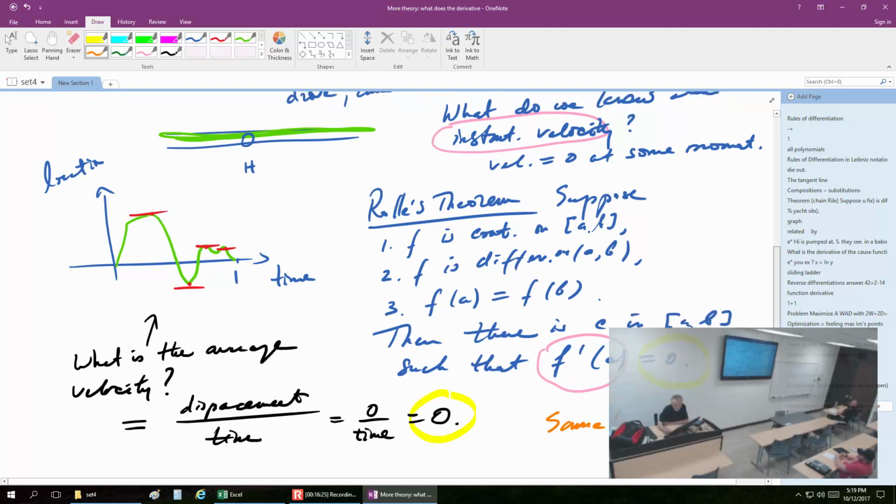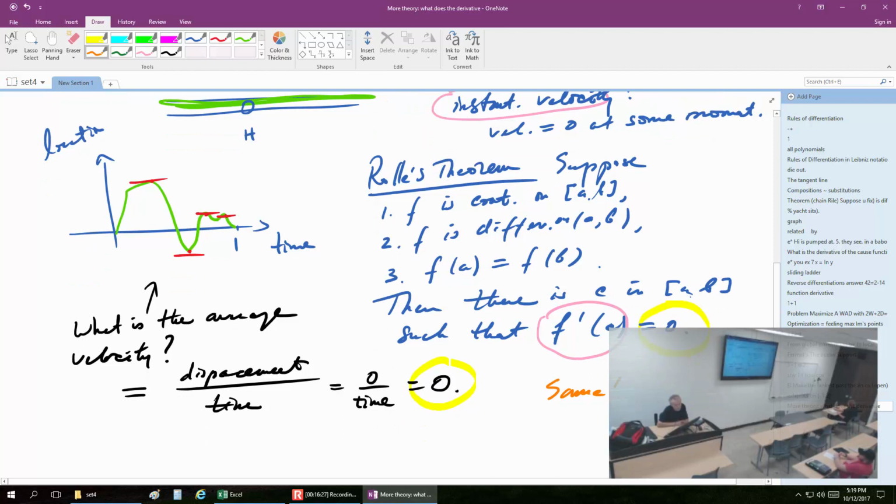So that's what's behind Rolle's theorem, the match between, as I said, the average velocity that is known ahead of time. The average velocity is right here pointed out: the displacement is zero, therefore the average velocity is zero. And then we discovered that at some point, according to the theorem, the instantaneous velocity is zero.